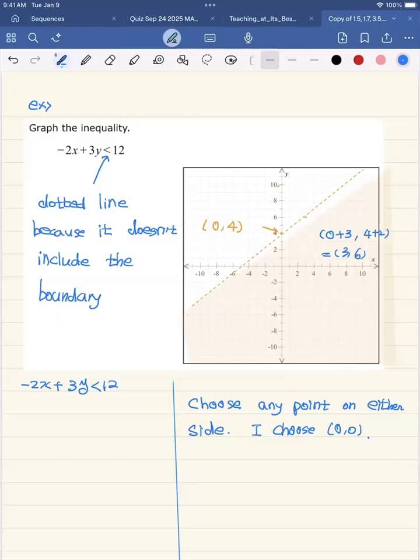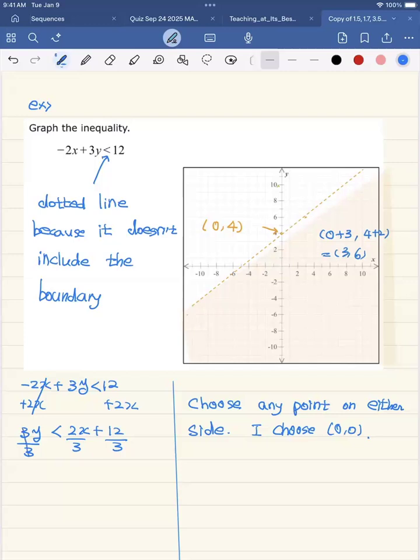Let's get y by itself on the left side. To do that, we have to add 2x on both sides. Then the left side will be 3y. The right side is 2x plus 12. We divide by 3 on each side.